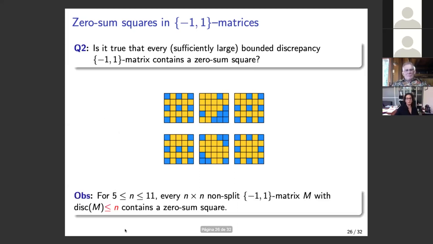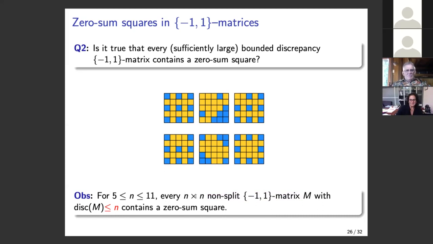Actually, we realized that between 5 and 11, the statement that we wanted was true. We just need to take into account these split matrices that are always going to be there.